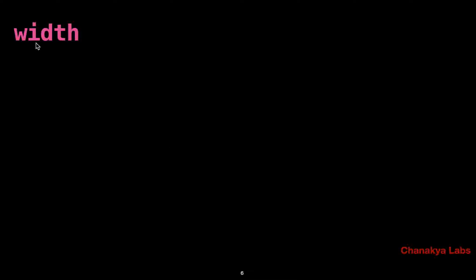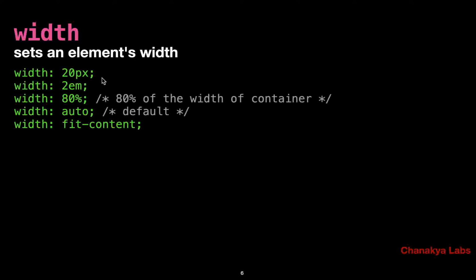Let's start with the normal width and height properties, which are very common in CSS. Obviously from the name, width sets the width of an element, and its syntax is like this: width, and then after that we set the size of the element.